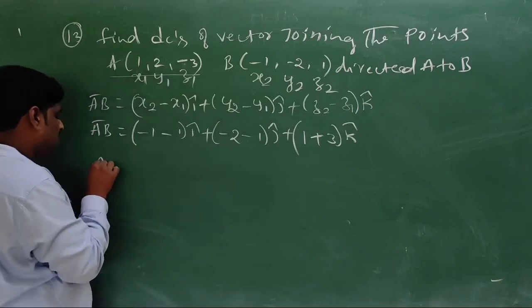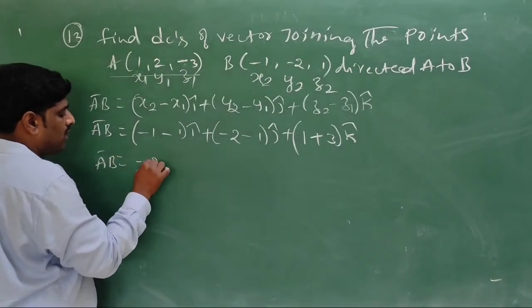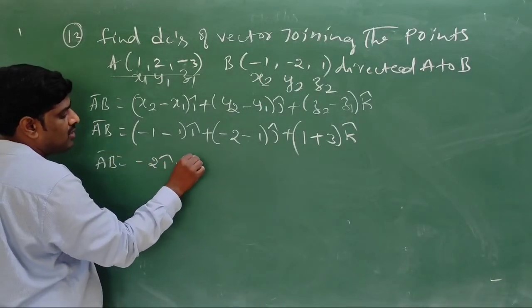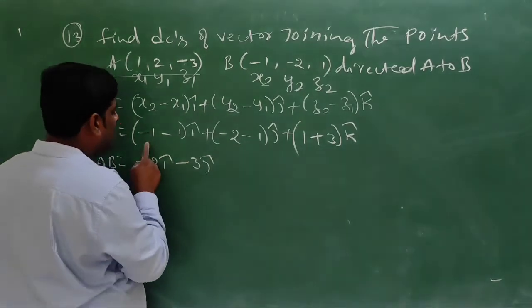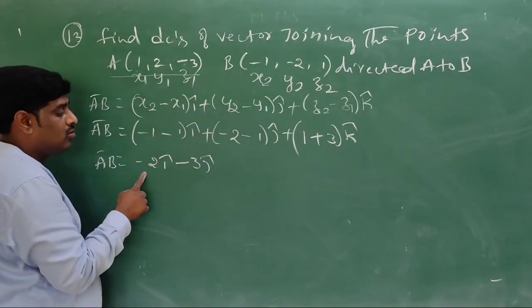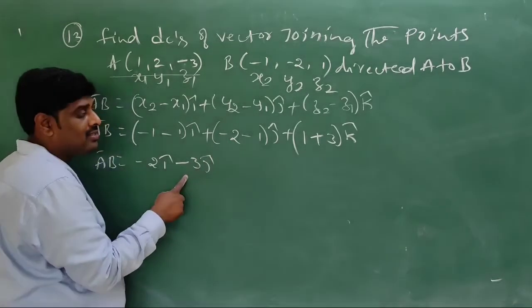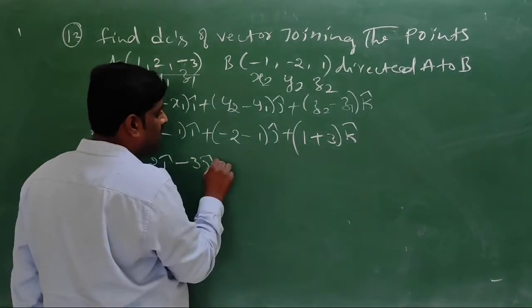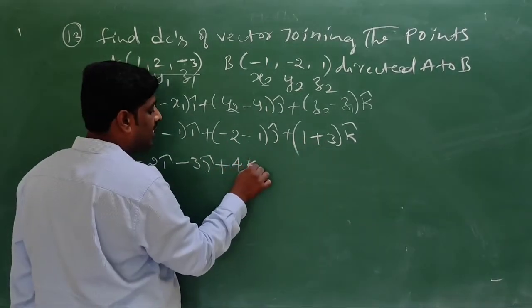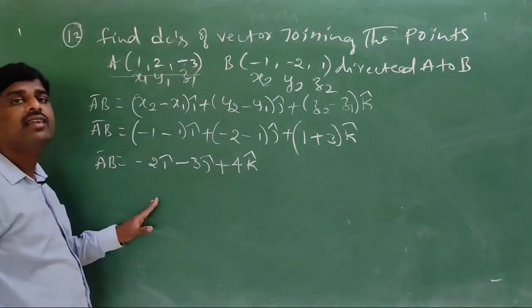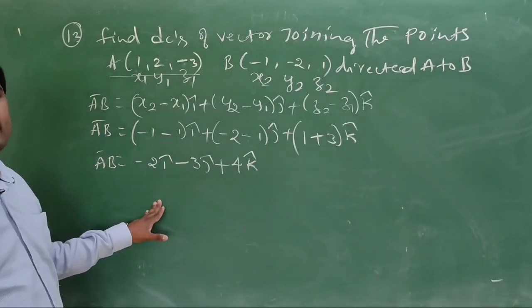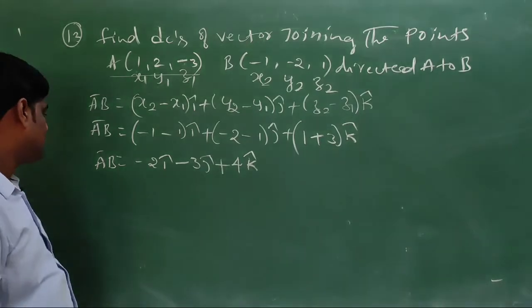That is AB bar equals -2 i cap, -3 j cap... wait, -1 minus 1 is -2, -2 minus 1... and 1 plus 3 is 4 k cap. For this vector we have to find direction cosines.